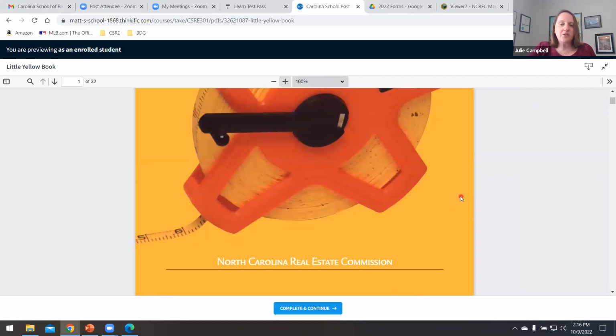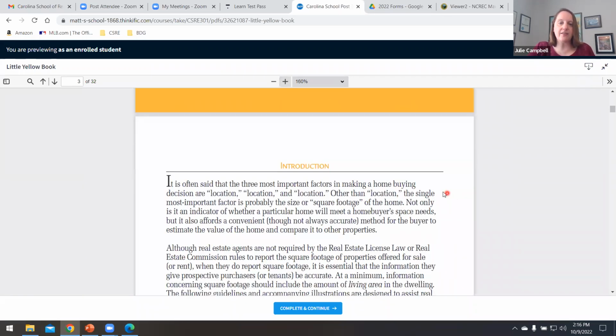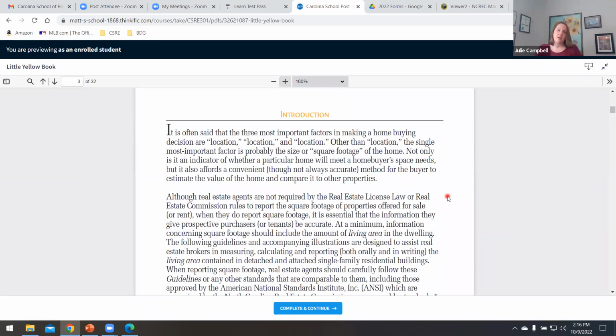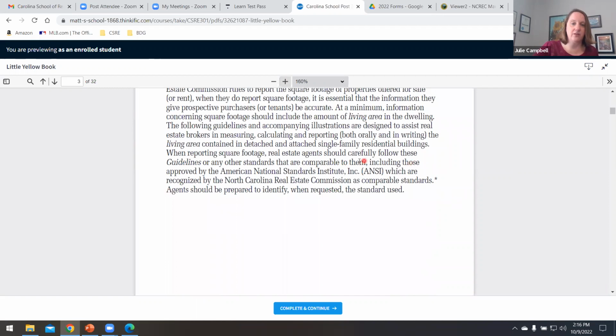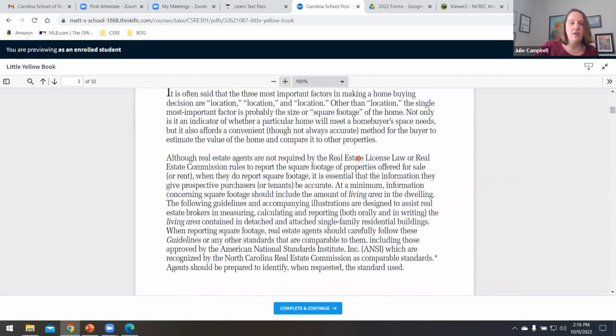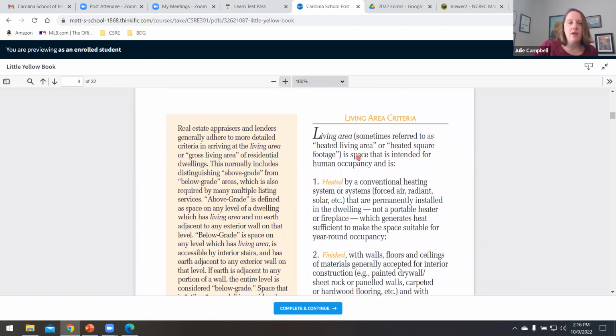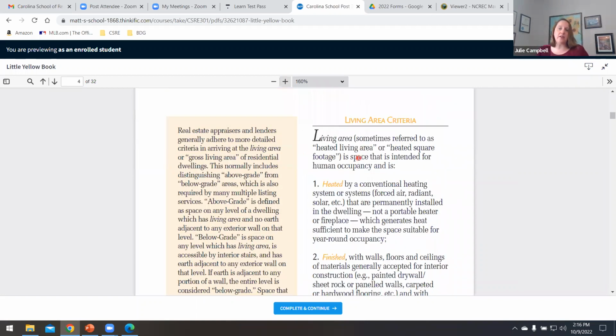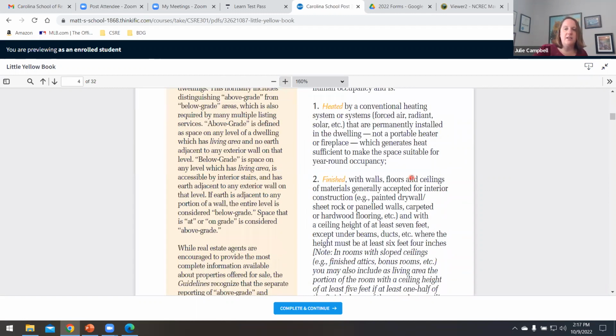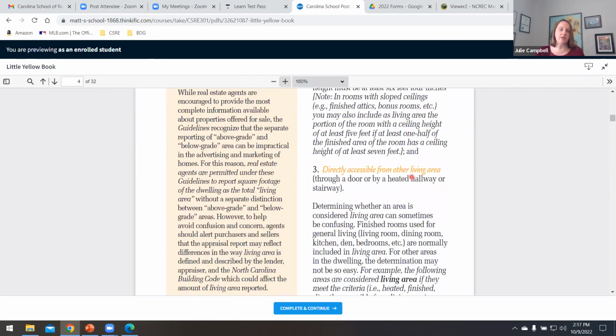This book is good. And again, the commission says if you're measuring, you need to follow these guidelines. This is how you know how to follow. It starts off with rules to the agents, if you will, and I'll let you read that. On the fourth page of the booklet is our living area criteria: heated, finished, and directly accessible.